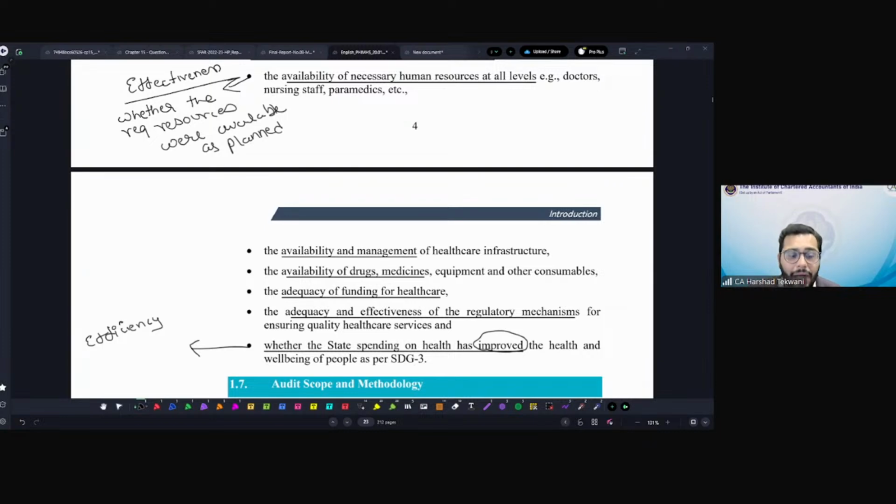And the third part is, again, adequacy and effectiveness of the regulatory mechanisms for ensuring quality health service. Now, again, it is talking about effectiveness, but when I talk about adequacy, it is talking about economy. So what is this talking about? Adequacy and effectiveness is talking about, you can say, economy, that is minimizing the cost of resources.